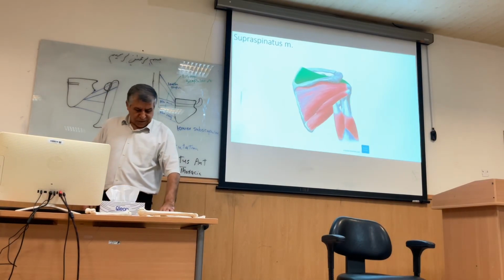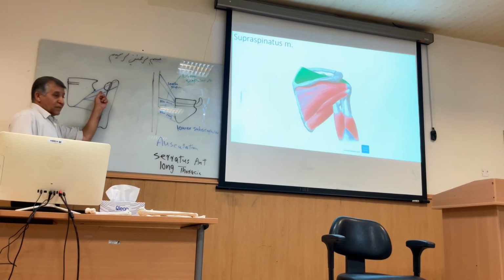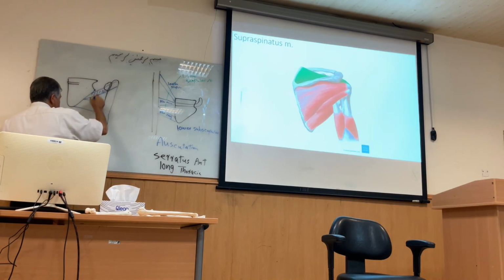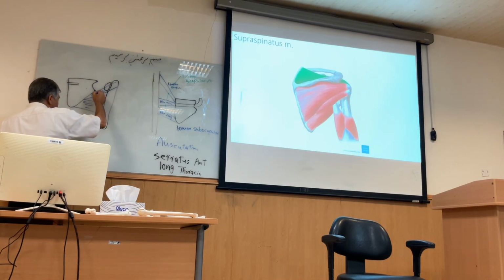Okay. In this figure, you can see this muscle is teres minor. This muscle is teres major. This muscle is the long head of triceps.